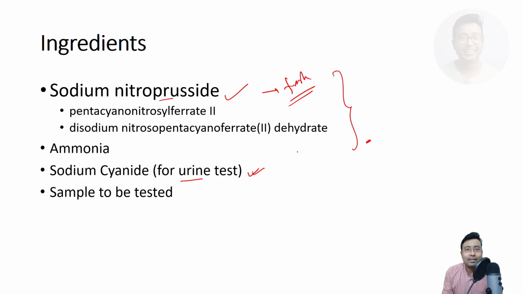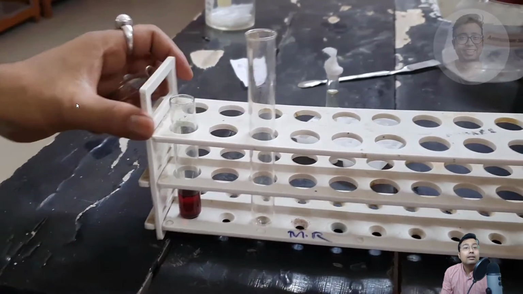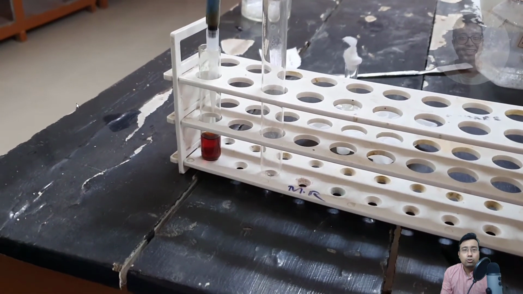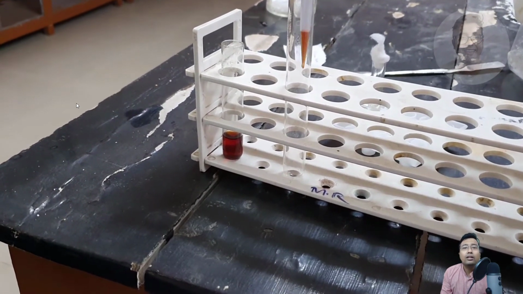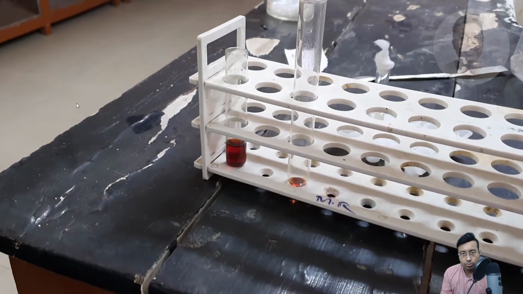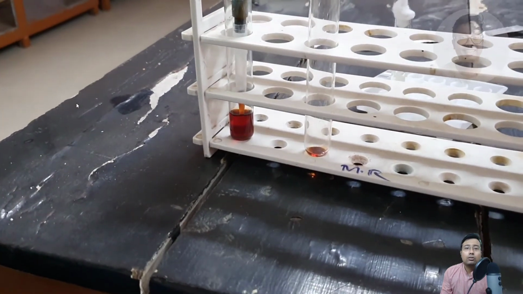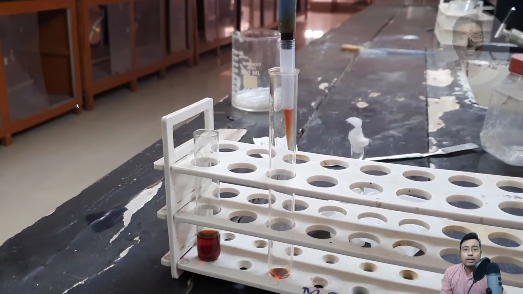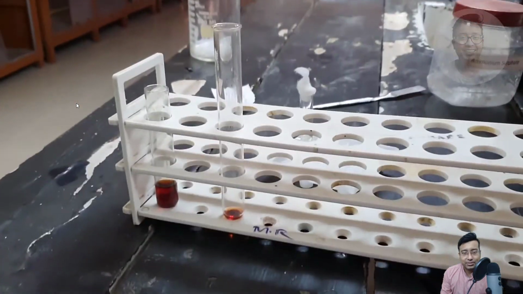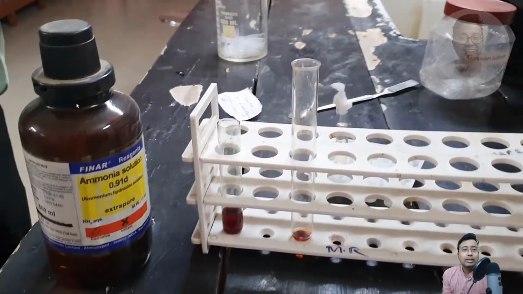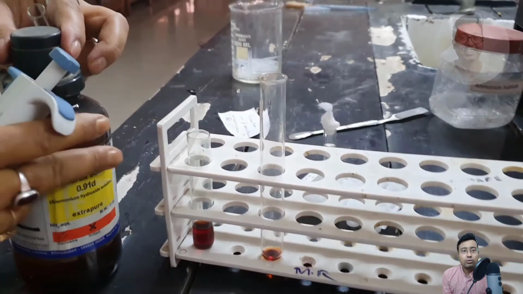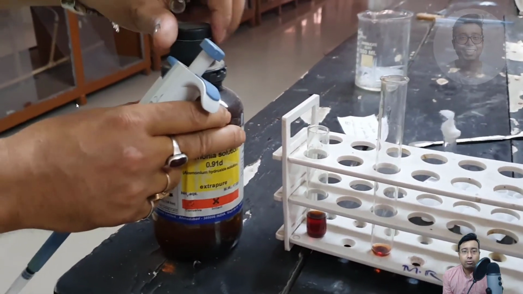So let's get started. This is a freshly prepared solution of sodium nitroprusside. We'll be taking 500 microliter of sodium nitroprusside. Yes, the pipette was set at 250 actually, so twice it makes 500 microliter. Then we need to mix an equal volume of ammonia.